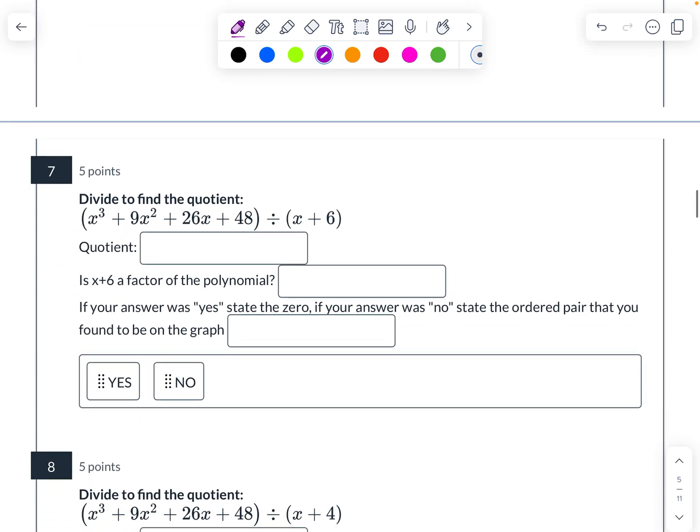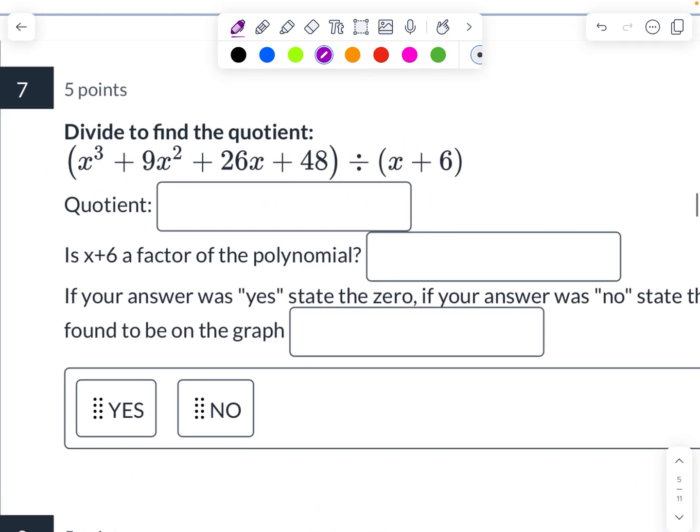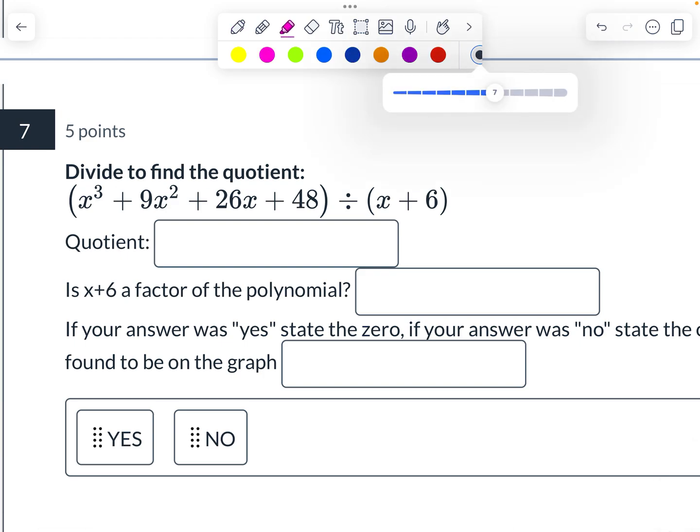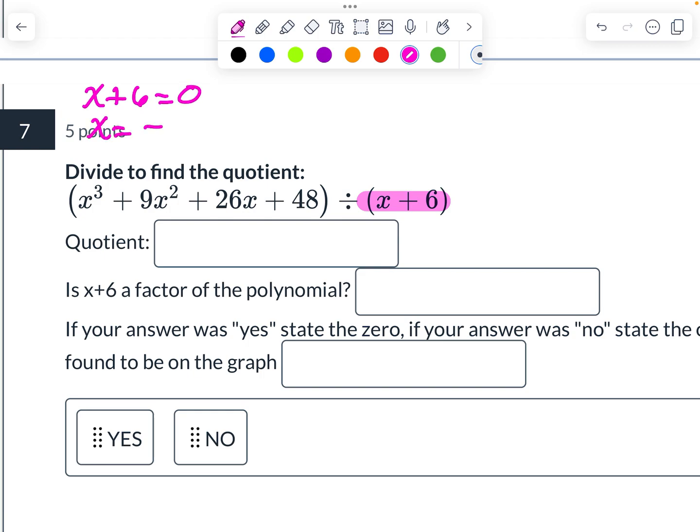All right, 7. We're going to set it up exactly the same way. I am going to remember that if I have x plus 6, that means I have x plus 6 equals 0, so x is -6. So this is either going to be -6 or -6 comma something.